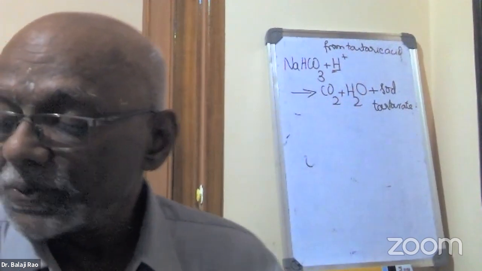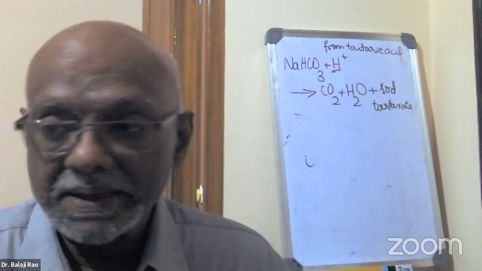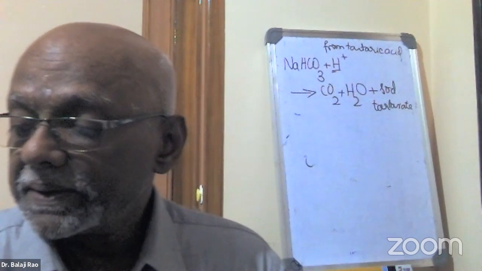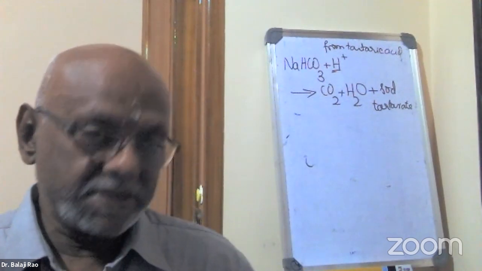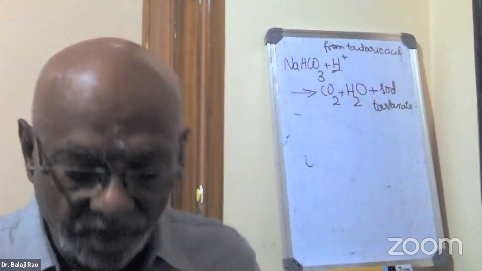So coming to washing soda, the next compound in question, this is sodium carbonate, and in its crystallized form, it is sodium carbonate decahydrate. That is washing soda, as we call it.